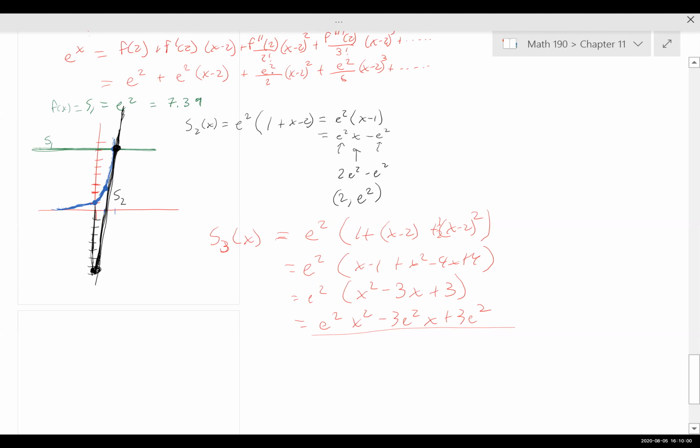So this should be e squared over 2 times 1/2 x squared, and then minus 2x plus 2. Then this should be minus 2x plus 1, that's minus x, and then plus 1, I think.